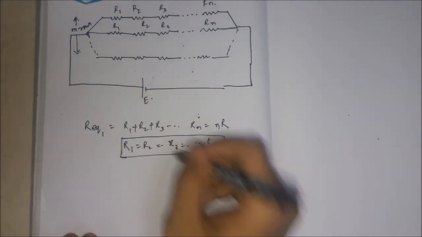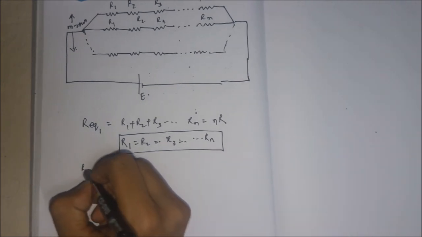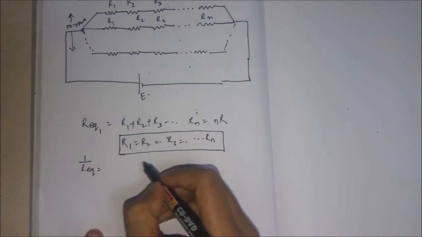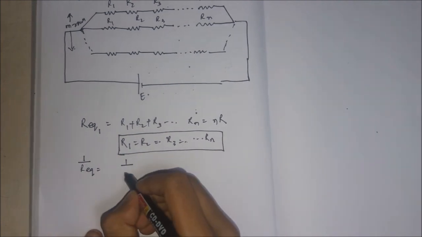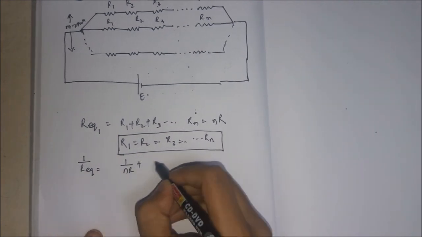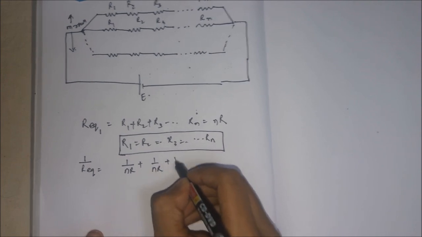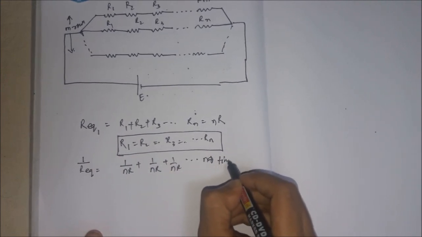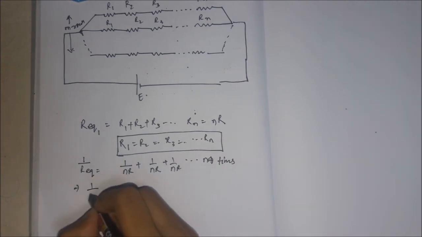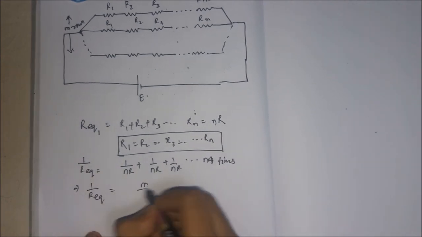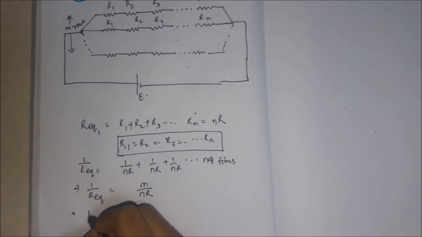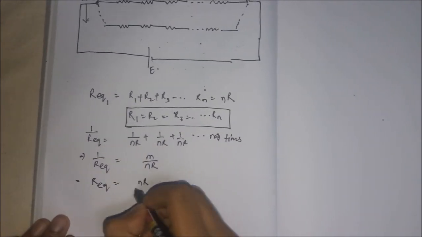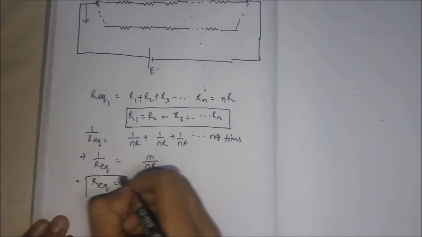Now if we have m rows, then 1 by R equivalent will be 1 by nR plus 1 by nR plus 1 by nR, up to m times. Now 1 by R equivalent equals m by nR, so R equivalent after reciprocating equals nR by m, which is the required relationship.